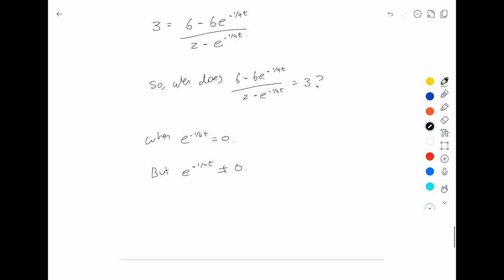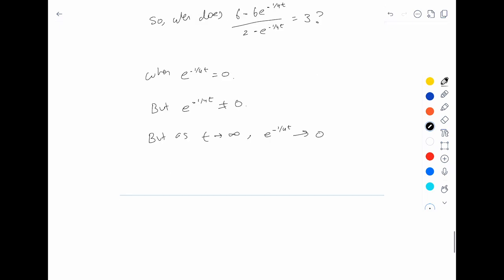That's a great question. Because even though e to the power of negative a quarter t can't ever equal 0, e to the power of negative a quarter t can tend towards 0. So when does it tend towards 0? e to the power of negative a quarter t tends towards 0 when t tends towards infinity.